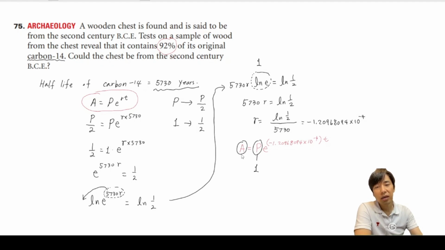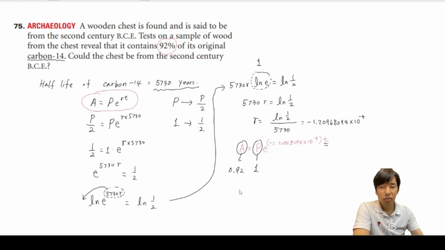So A is 0.92. So plug those numbers into A and P, and you can find this T to approximate the number of years that has passed since the original carbon-14 sample started decaying.